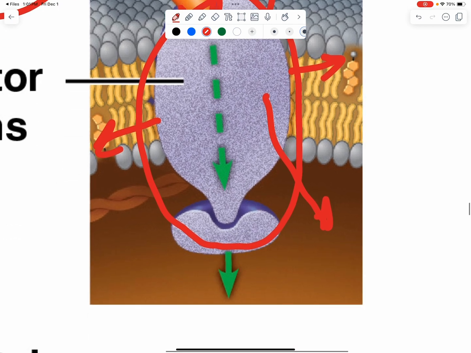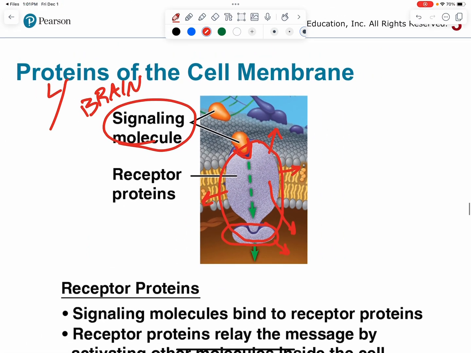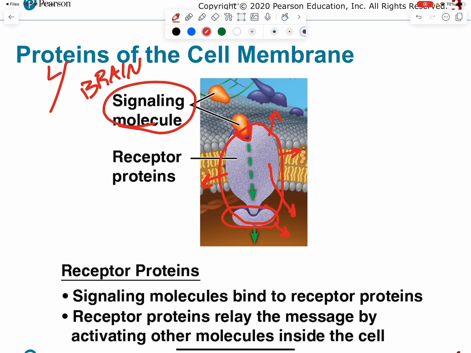It will then trigger a response with the molecule that is held on the other side of the protein, and it might dislodge that so that it's available for the machinery of the cell. It might be needed in the Golgi apparatus or in the cytoplasm to start a chain of chemical reactions. So that is a signal that has to be turned on by a chemical. So that's cool how our cell membrane is going to receive a message from the outside and then make something happen on the inside of the cell.